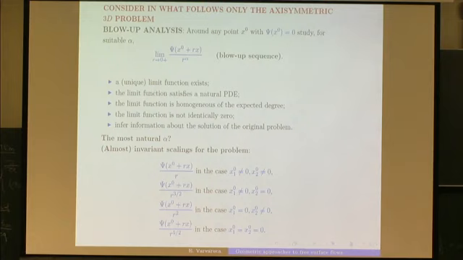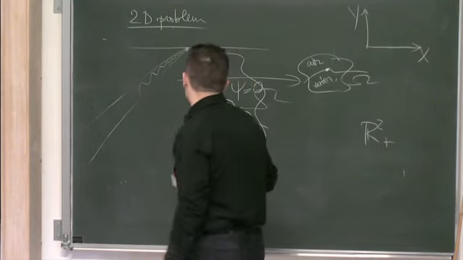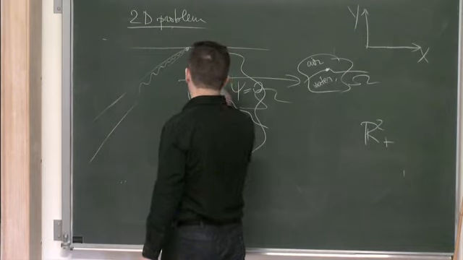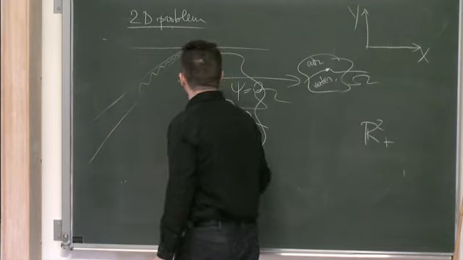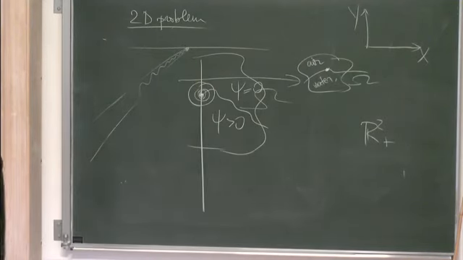So we take a point on the free boundary where psi is 0, and we look at the rescalings of the function psi in this way. Let's say this is the free boundary point. Such a transformation has the effect of zooming in closer and closer to the singularity and magnifying things.